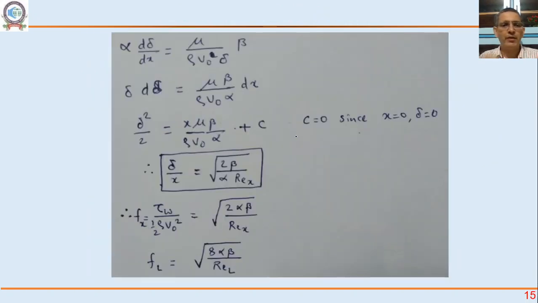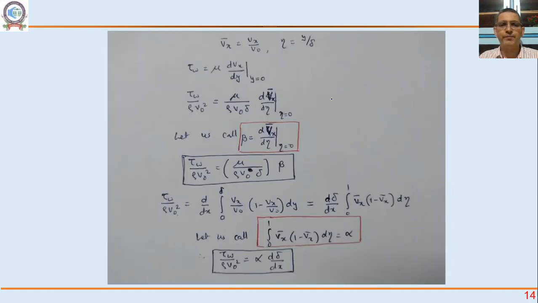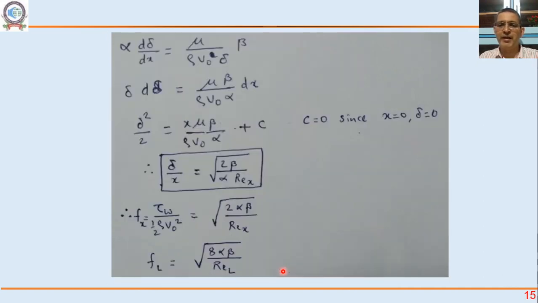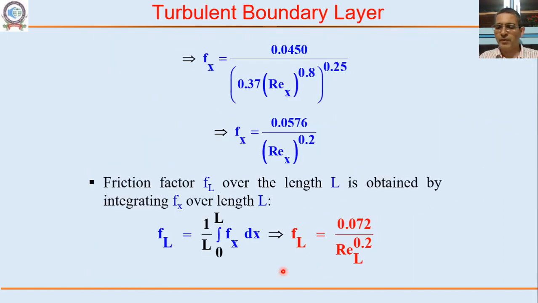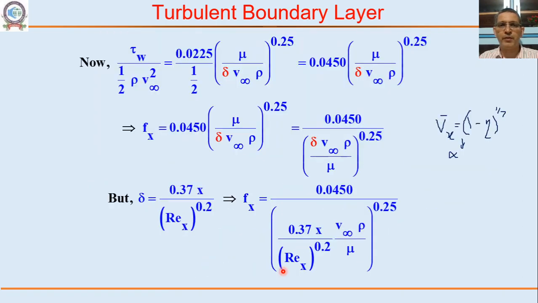Alpha, where are we using? We are going to use alpha here. Tau w by rho v naught square is alpha d delta by del x. Let me put that here.